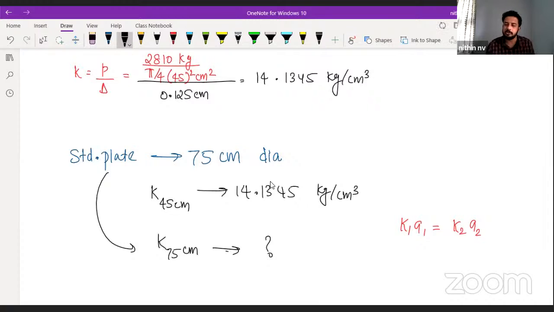This A1 A2 stands for radius of the plate, or nothing but simply diameter divided by 2. Simply you take K1 into diameter is equal to K2 into diameter.